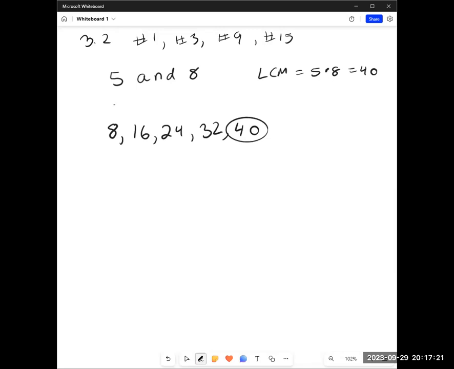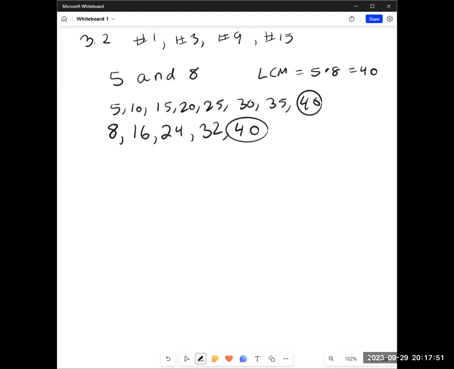I'll prove that to you. 5, 10, 15, 20, 25, 30, 35, 40. So 5 times 1, 2, 3, 4, 5, 6, 7, 8 is the same as 8 times 1, 2, 3, 4, 5. And that makes the least common multiple 40 for 5 and 8.